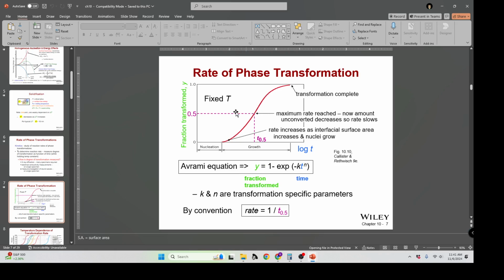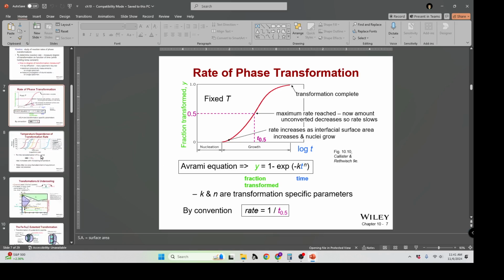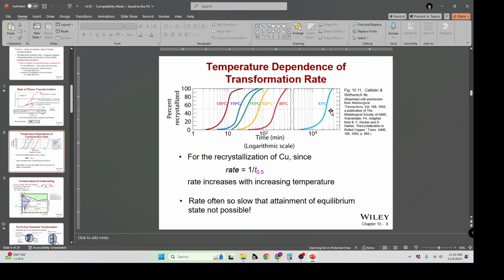It's taken to be the half time where 50% of the fraction has been transformed. For the simple, basic, fundamental kinetic equation, by convention, rate is 1 over T half, meaning 1 over the half time. On this graph, increasing the temperature greatly decreases the time for transformation.